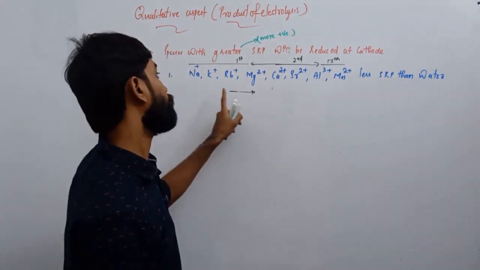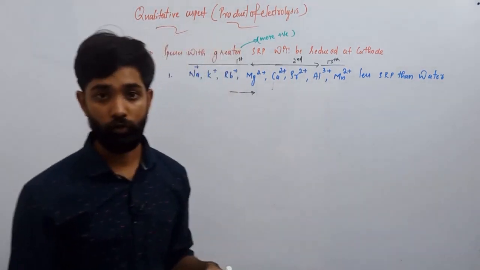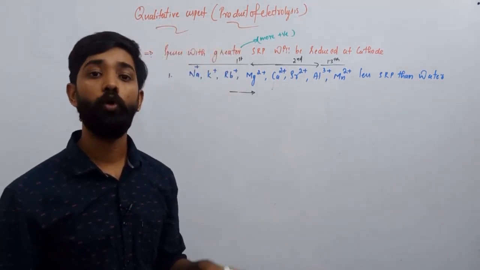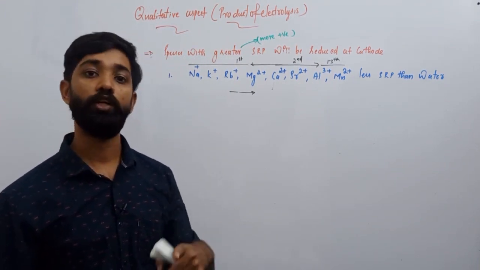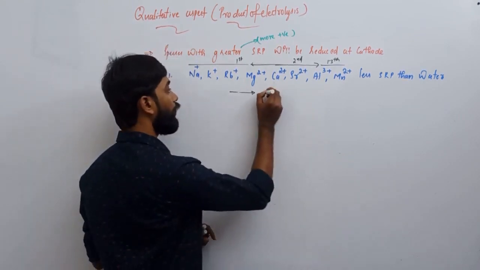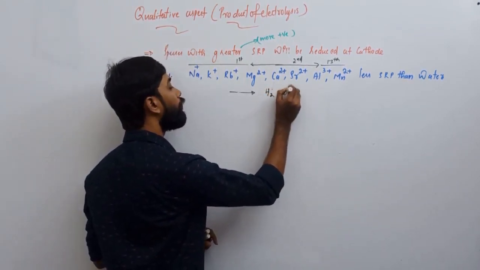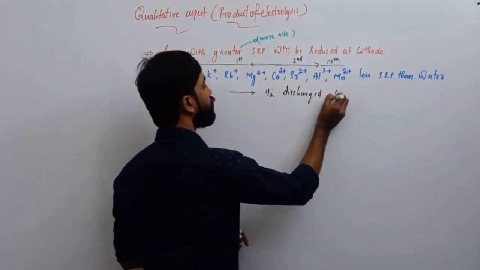If there is a competition for reduction between first group, second group, or 13th group cations and your water, then water will win the competition, or water will be reduced, which means hydrogen will be discharged at the cathode.